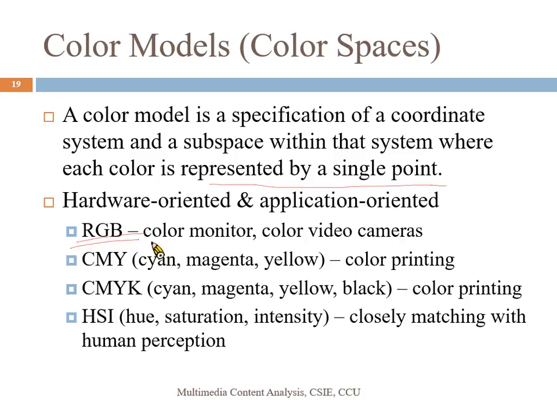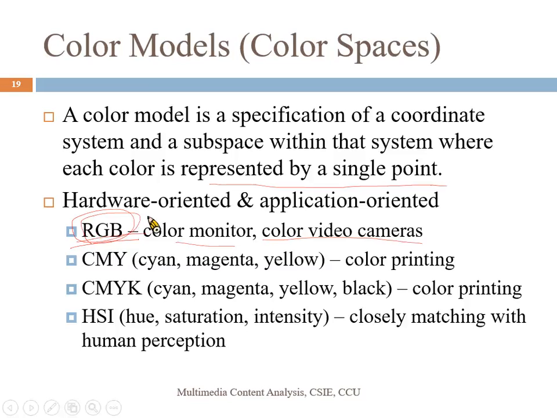This color space is usually used in color monitors and color video cameras. And actually, this is the most basic color model. That is because we already said that our cones can be divided into three categories that are more sensitive to red, green, and blue. So that's why the RGB color model is usually used first.